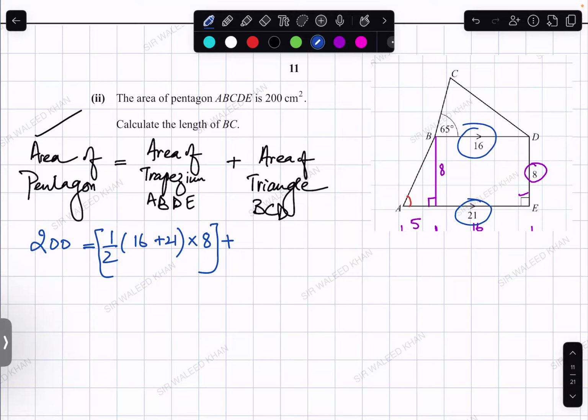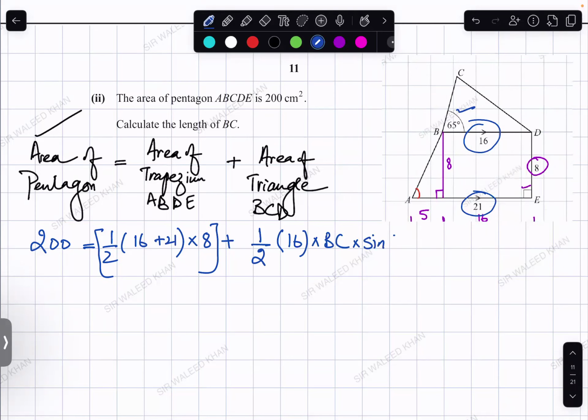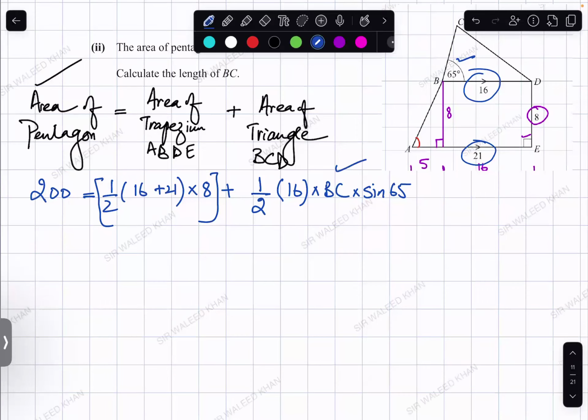Whenever you can't figure out the height, you can use this: 1 by 2, a b, the two sides next to the given angle or missing angle. The angle given is 65, on its right is the side 16, on its left is the side BC, times sine of the angle in the center.